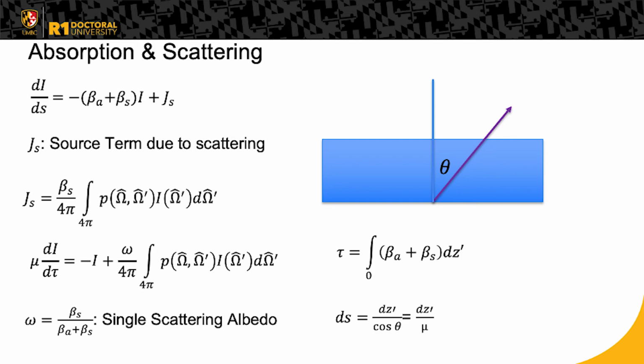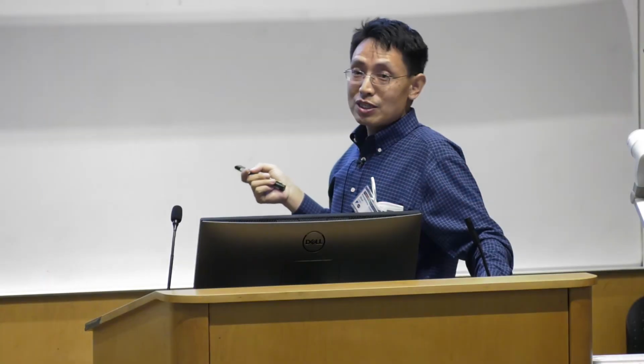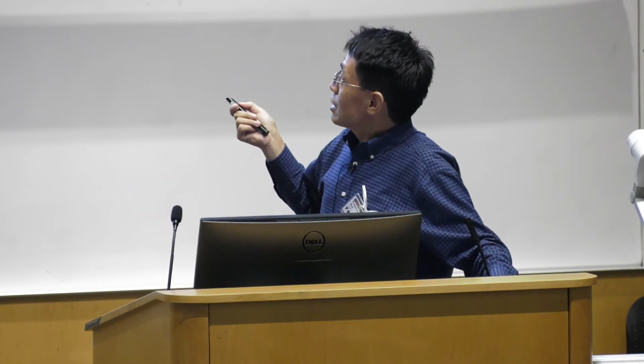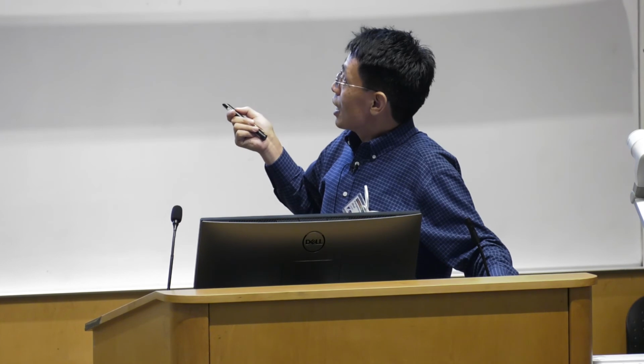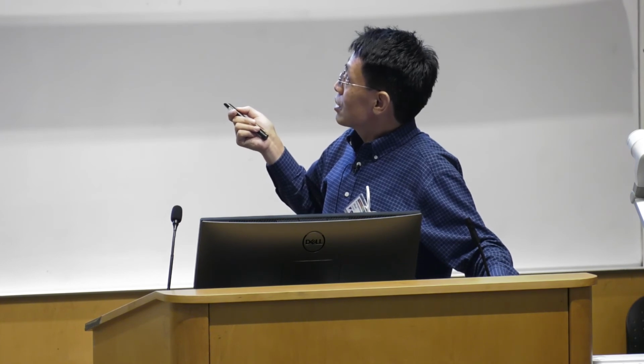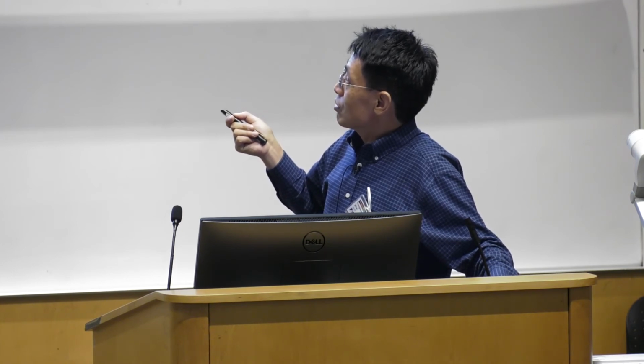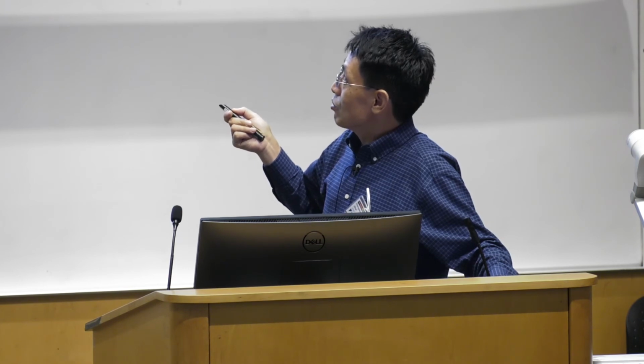The scattering is described by what is called the phase function. If it's polarized light, it's a phase matrix. It's incident light times the phase matrix or phase function, which gives you the light distribution of scattered light after the interaction.